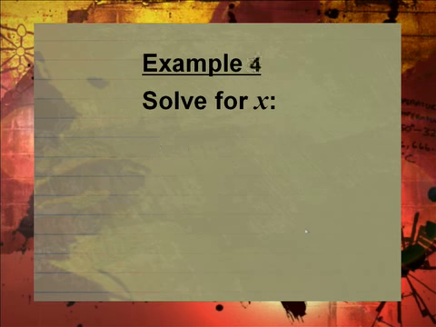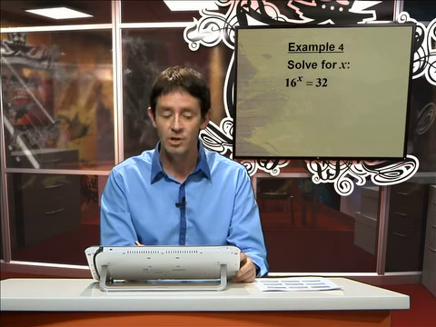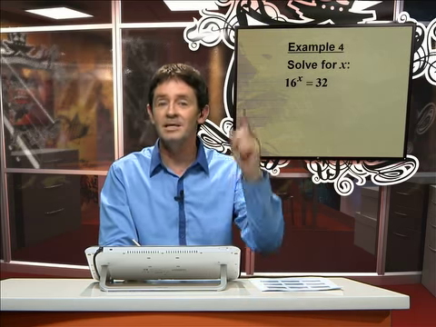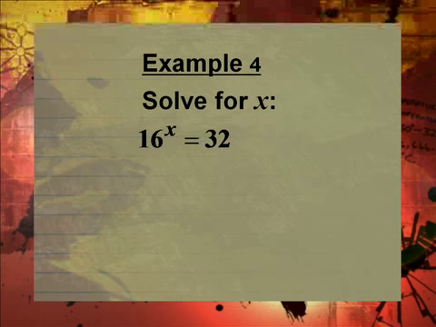Okay, let's move on now. Example 4. Look at this one. This one's a bit dodgy because the bases are definitely not the same. So we've got to do something with the 16 and the 32. The worst thing you can do is try and divide both sides by 16. There's an exponent, so you've got to be very careful. Think of 16 and 32, what do we know?